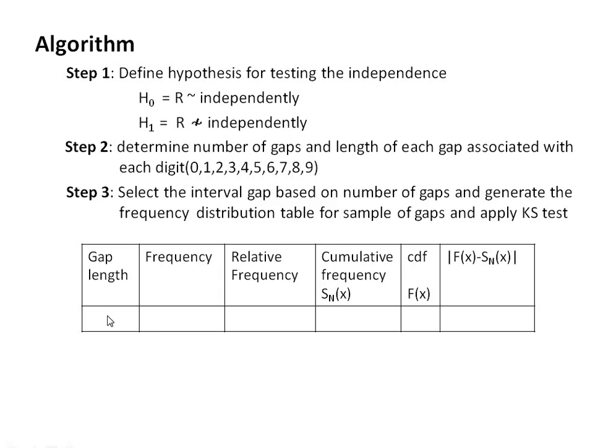Frequency is in this given gap interval observed values, and relative frequency is the frequency divided by total number of gaps, and cumulative frequency is the summation of relative frequency, and the CDF of F(x) is calculated as 1 minus 0.9 to the power x plus 1, where x is upper limit in the gap interval, and the last column is difference between F(x) and Sn(x).